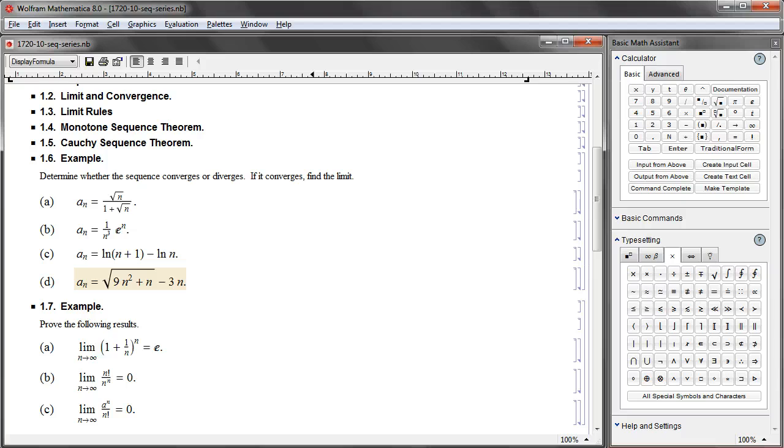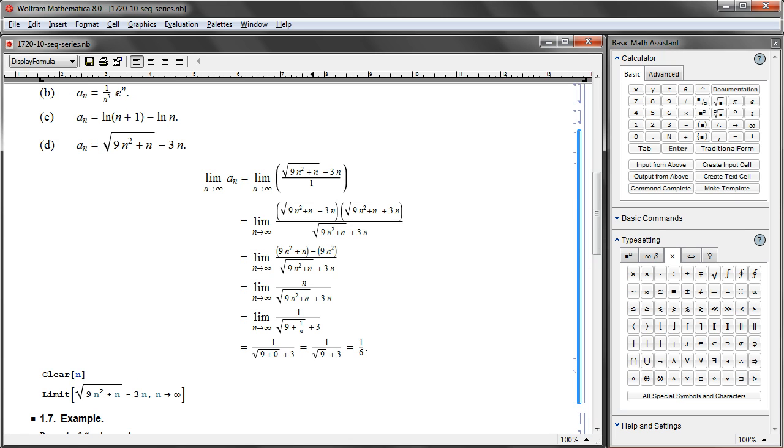As a matter of fact, this kind of problem showed up in Calculus 1. It's just that I didn't pay much attention to it. I intentionally shied away from that kind of problem because for Calculus 1 that was too hard, and also we were going to come back to this kind of thing in Calc 2. The typical technique here is to rationalize the numerator by multiplying the conjugate.